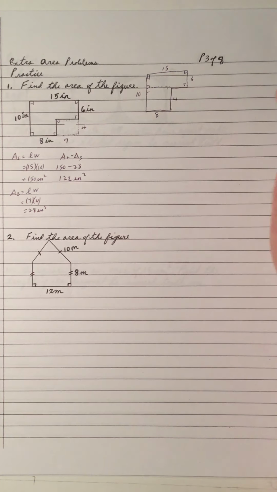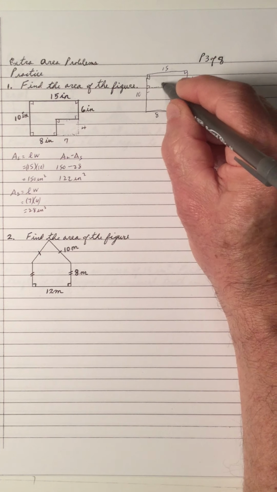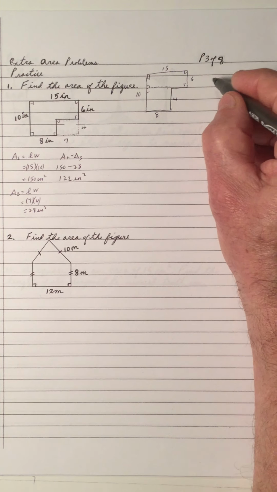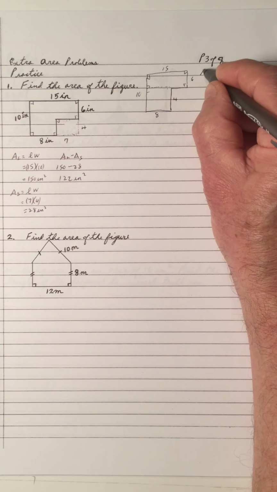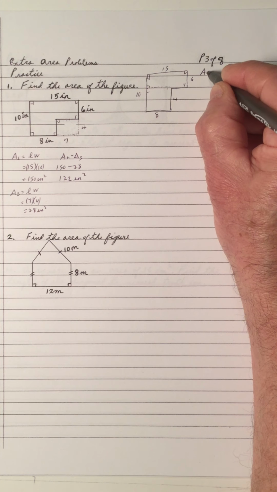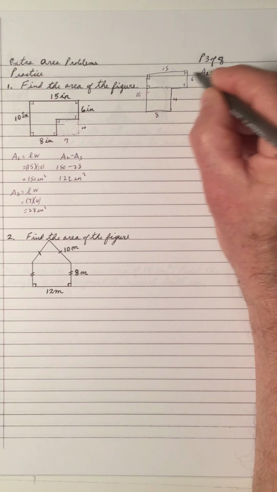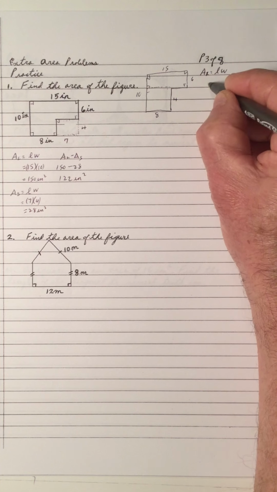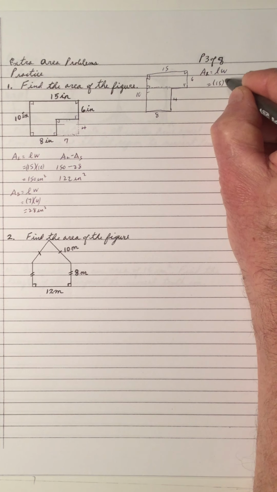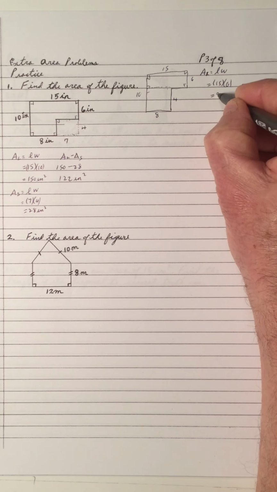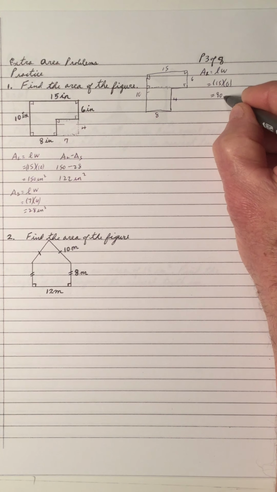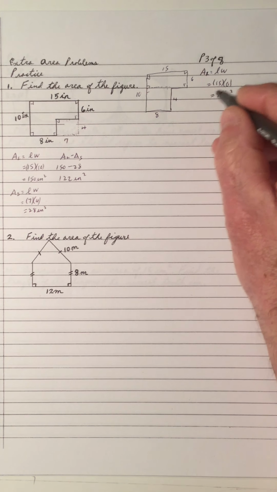So now I've got 2 areas I can add. So the area of the large one, L in this case, is length times width. So it's 15 times 6. That makes it 90. And again, it's square inches, because it's area.